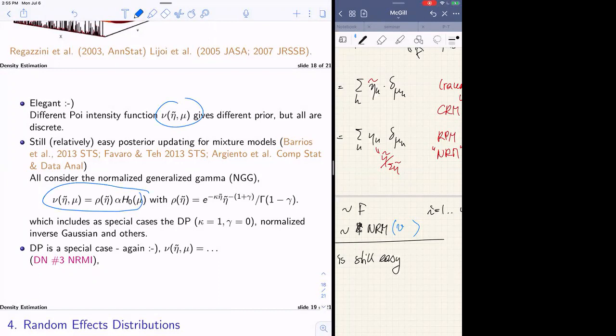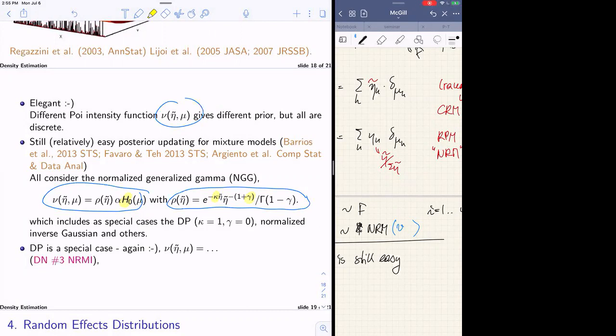And then you assume that the rho comes from some family. For example, in this particular construction we are left with only the hyperparameters kappa and gamma. So if I give you the kappa, the gamma, and the h naught, then that triple defines this family, and it's known as the normalized generalized gamma.